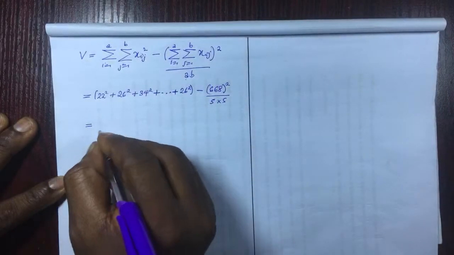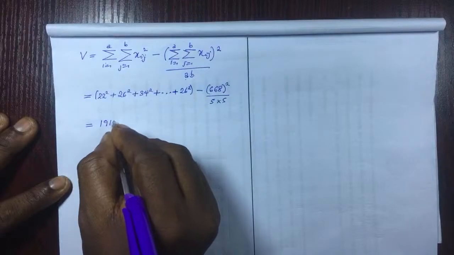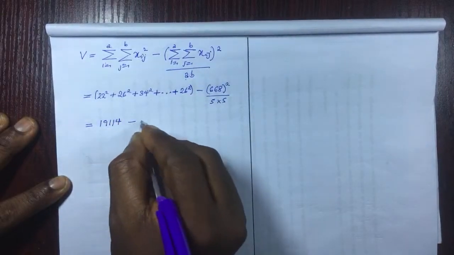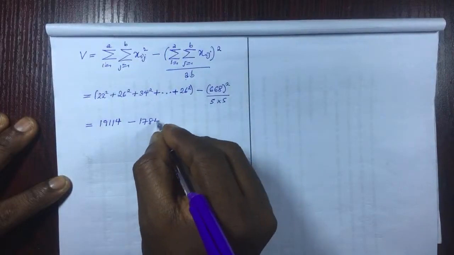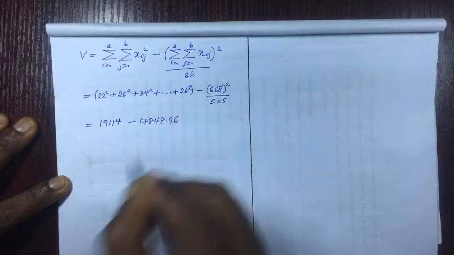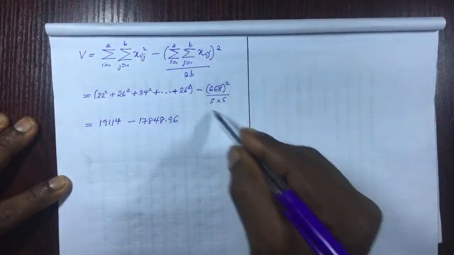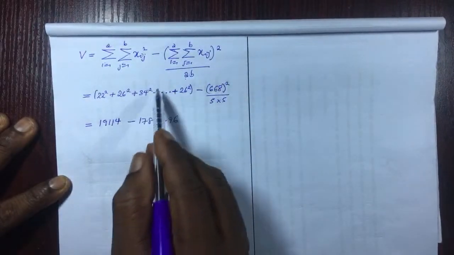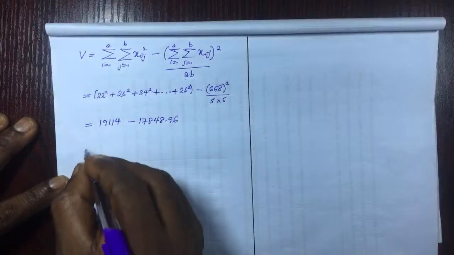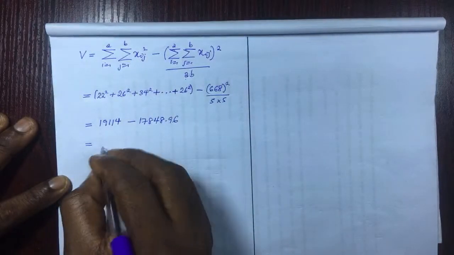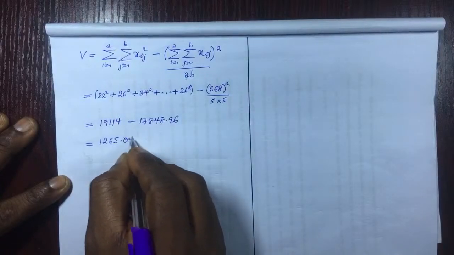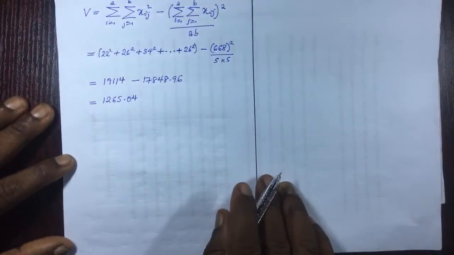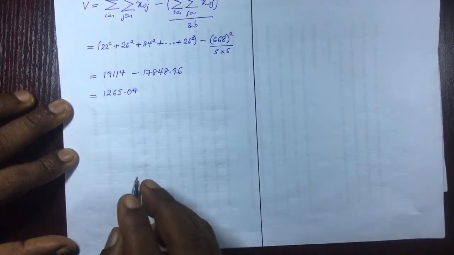This would give you 19114 minus 17848.96. When you simplify this, you're going to get this result, and when you simplify this, you're going to get this result. Please confirm, and this would end up giving you, when you subtract, 1265.04. So that gives us our total sum of squares.